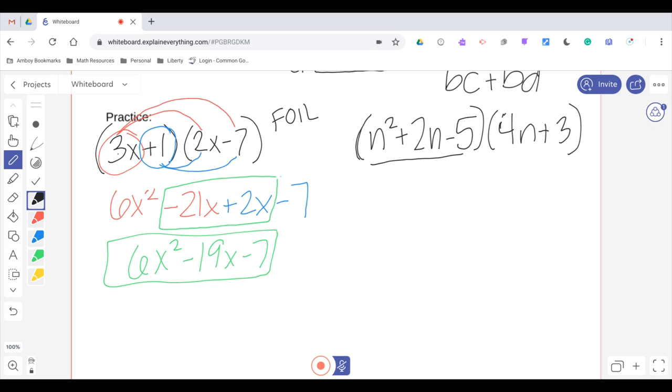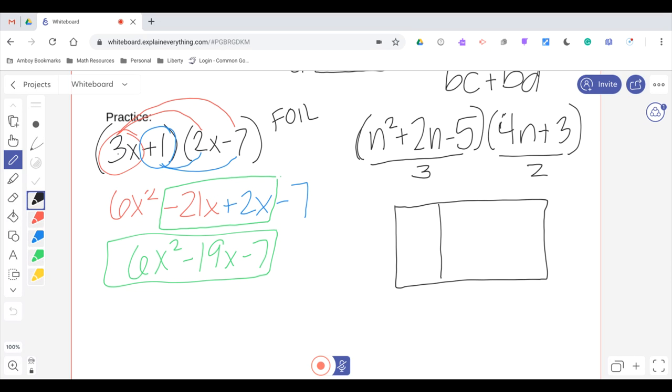In my first one, I have a trinomial, or 3 terms, and in my second one, I have 2. So I need a 3 by 2 box. I'm going to put the pieces at the top and the side. So I'll have n squared, 2n, and negative 5, and then I'll have 4n and a positive 3.